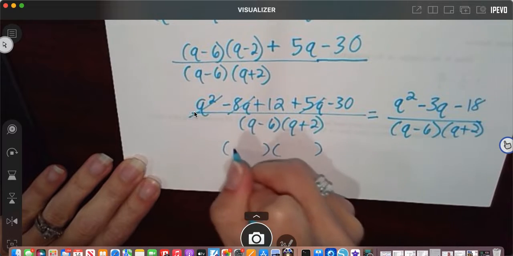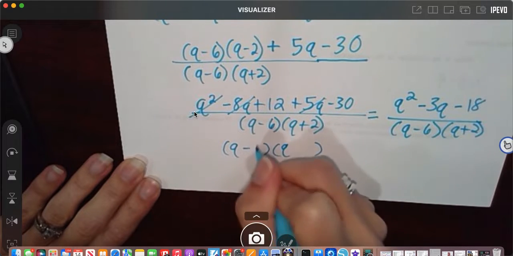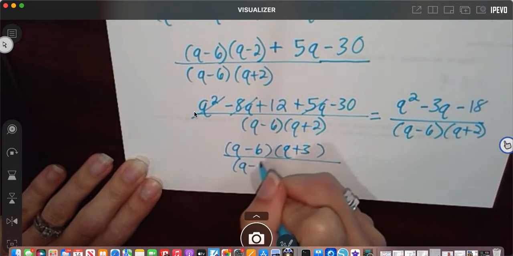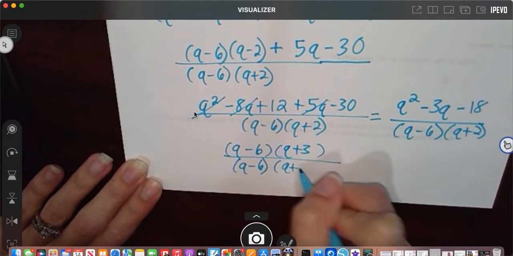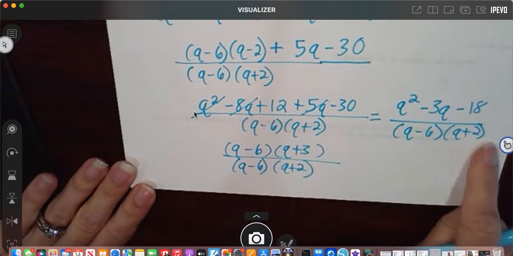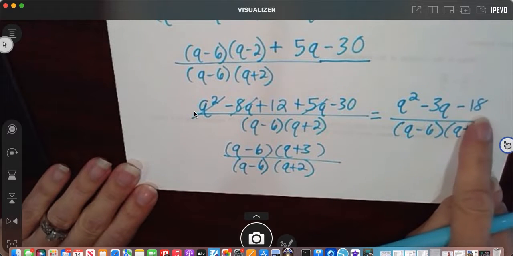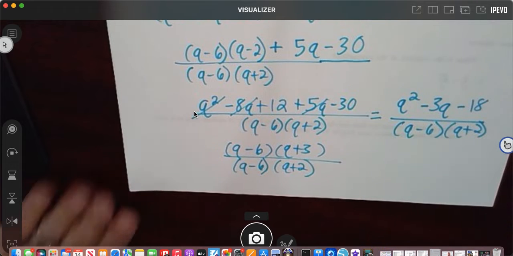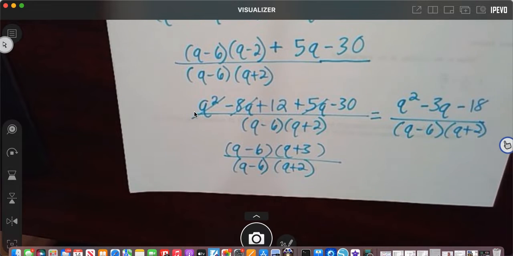It's minus 6 and plus 3. Okay, she said it's a minus 6 and a plus 3. Q minus 6, Q plus 2 is still what's in my denominator. So the minus 6 and the plus 3, that came from this number and this one.